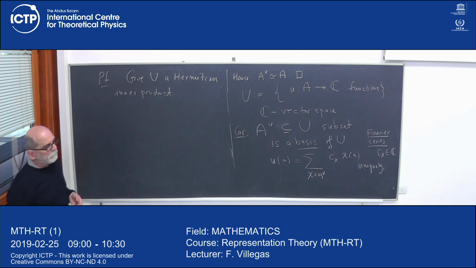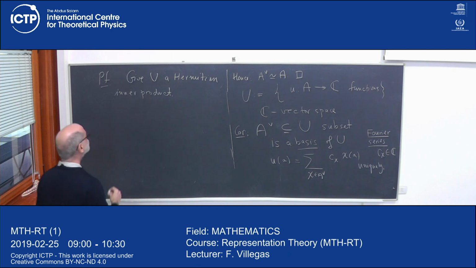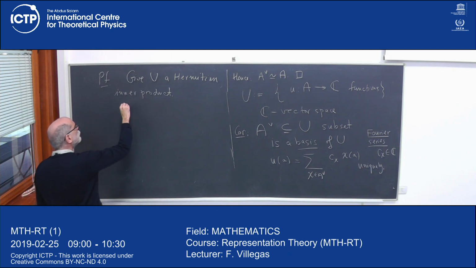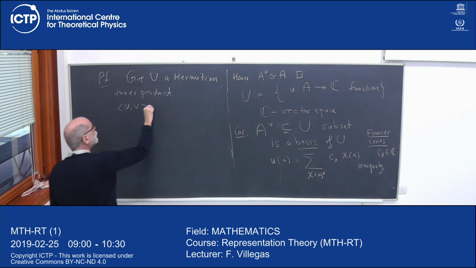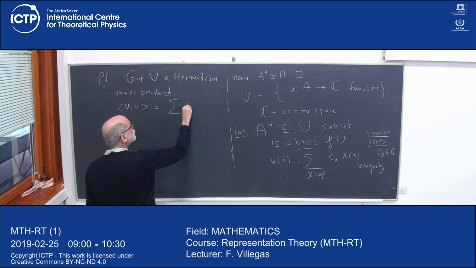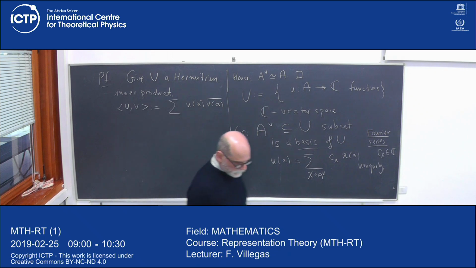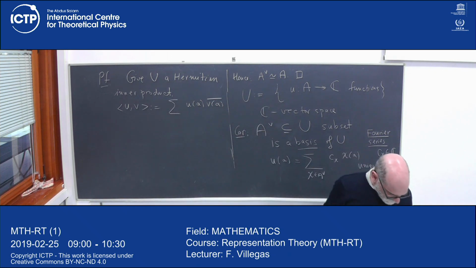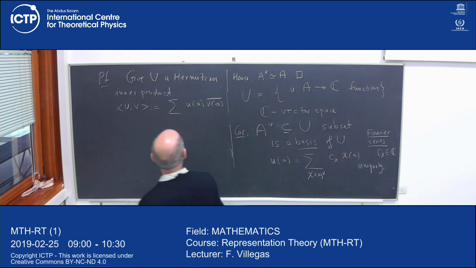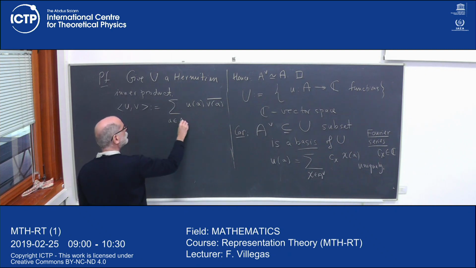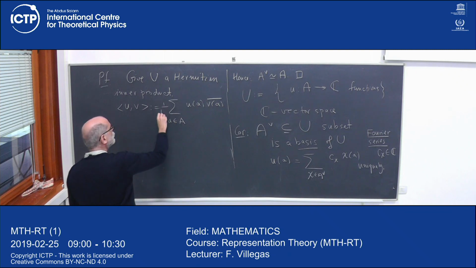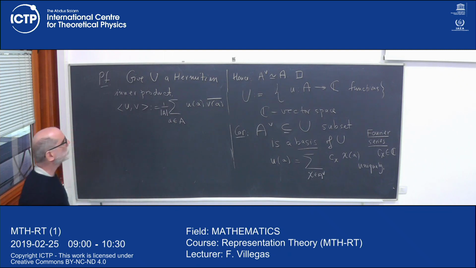And this will be an anticipation of what we're going to do for an arbitrary group G. Simply, we define the inner product of U and V, two functions, as the sum of U(a) times V(a) conjugate. I'll try to be consistent, and the conjugates will go in the second coordinate in my products. I might divide by the size of A, though it doesn't really matter for the purpose of what we're doing.